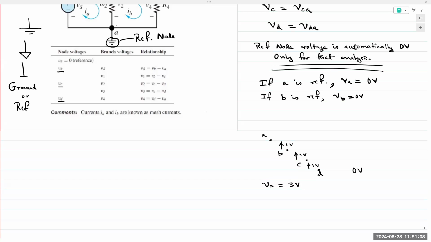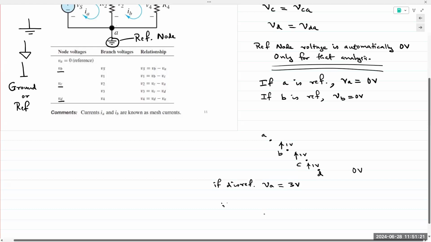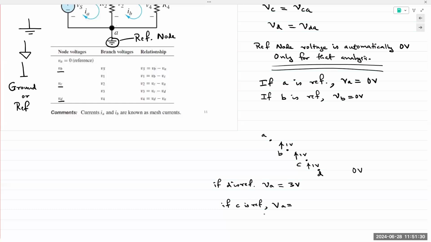Now, this is if D is a reference. What happens if C is a reference? What is VA now? 2 volts. That doesn't change the position of the nodes. A, B, C, D will still have a voltage difference of 1 volt.